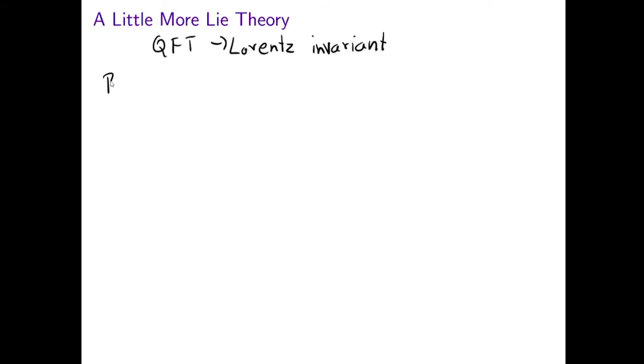So if I apply my 4-momentum operator on some state, I get an eigenvalue, this is not Lorentz invariant. No. This is definitely not Lorentz invariant, because the only quantities that are Lorentz invariant are, as we've seen earlier, this is Lorentz invariant, this is Lorentz invariant, and so on. Okay? So this is exactly what we're going to do.